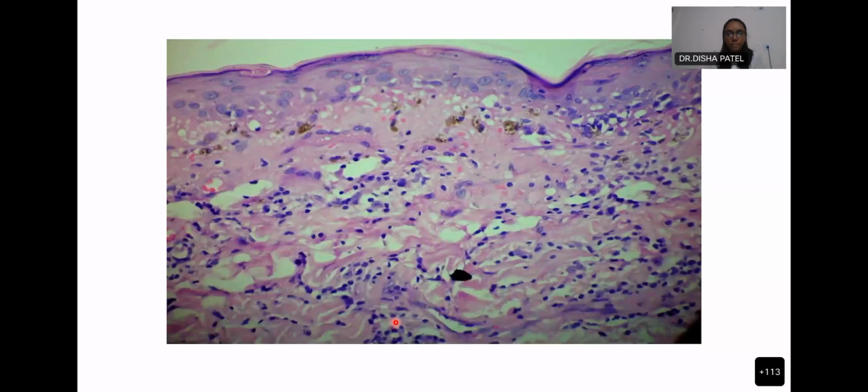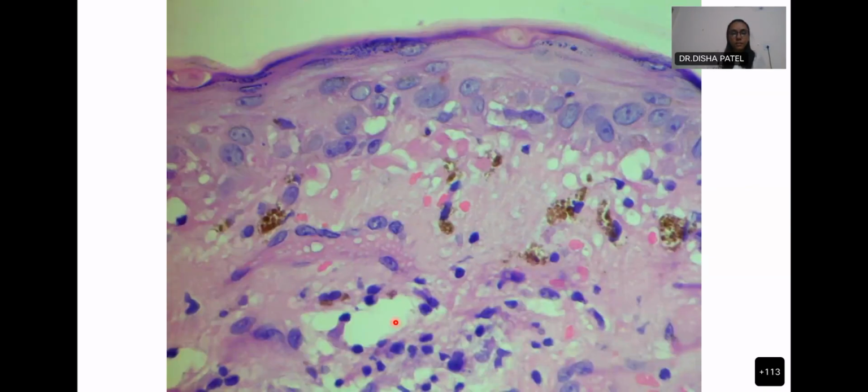On higher power, we see thinning of the epidermis with basal vacuolar degeneration, with pigmentary incontinence and inflammatory infiltration in the dermis, mainly lymphocytic infiltration.